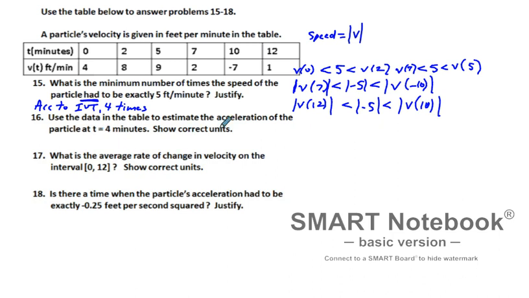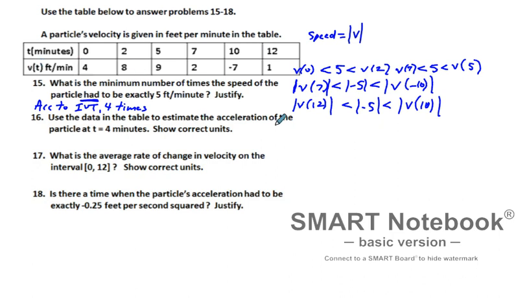Use the data table to estimate the acceleration of the particle at t equals 4 minutes. Show correct units. Well, the acceleration is going to be the next level down from velocity, and it's going to be the average rate of change of velocity.